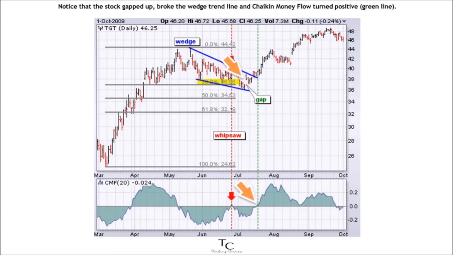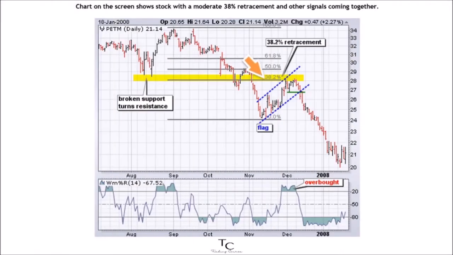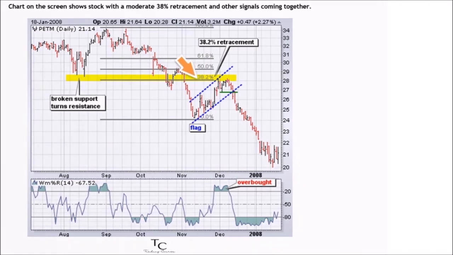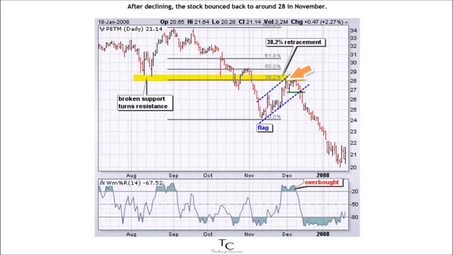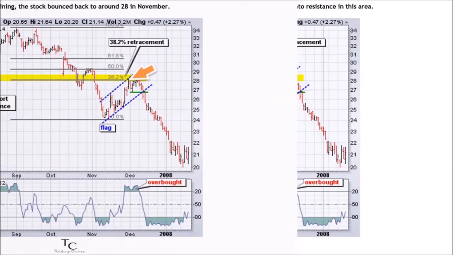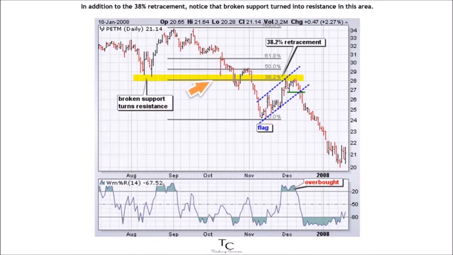The chart on the screen shows a stock with a moderate 38% retracement and other signals coming together. After declining, the stock bounced back to around 28 in November. In addition to the 38% retracement, notice that broken support turned into resistance in this area. The combination served as an alert for a potential reversal.